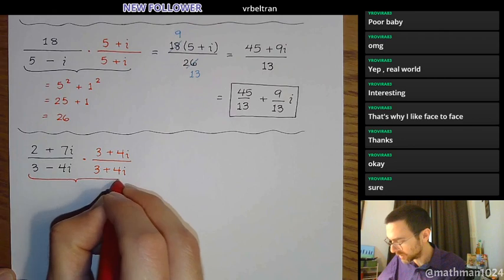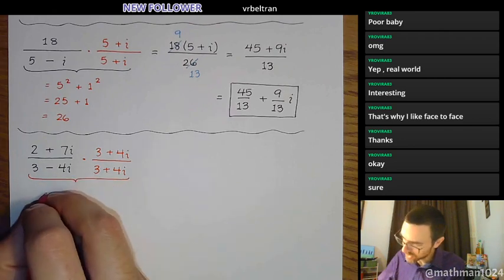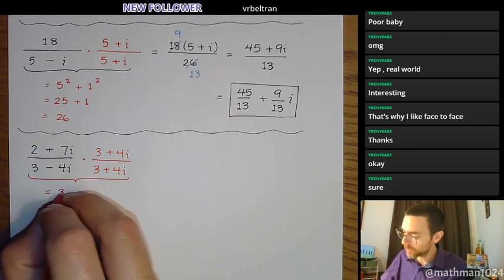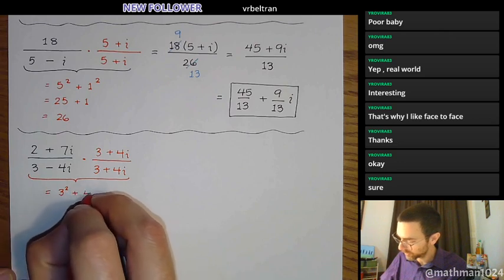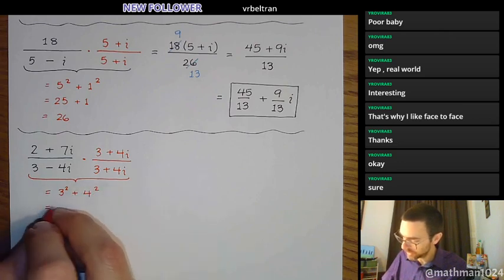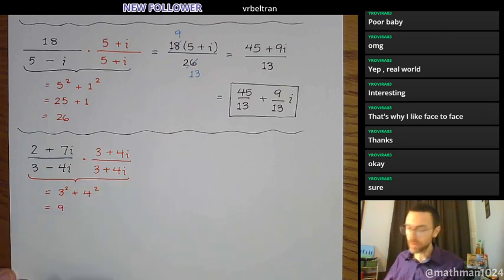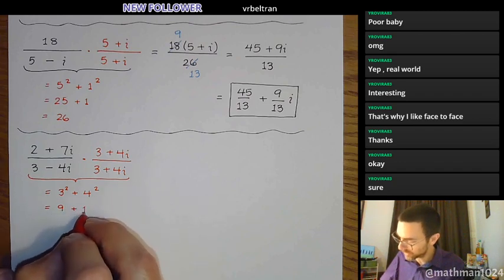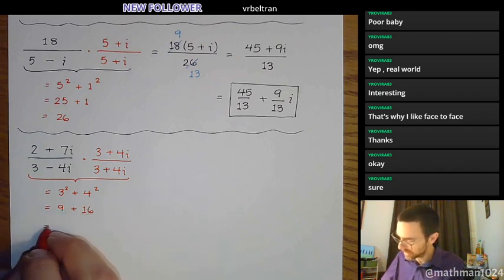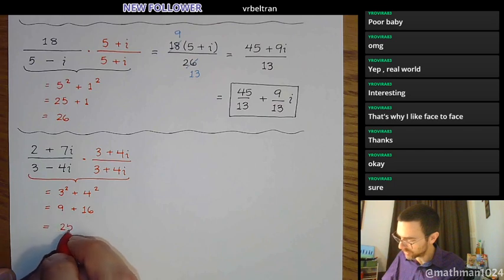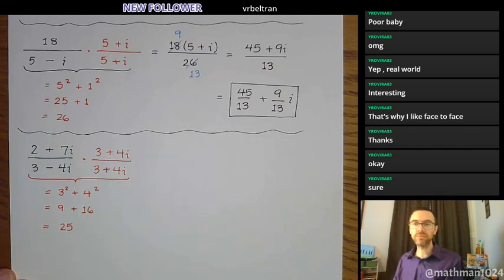Having these guys in place means I get to use that special product, so that's 3 squared plus 4 squared, just crunching the numbers. We get 9 plus 16, and that equals 25. All right, seems okay.